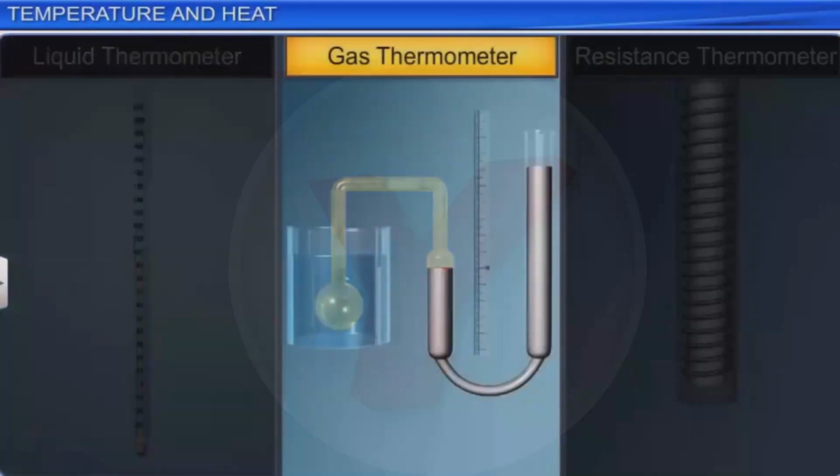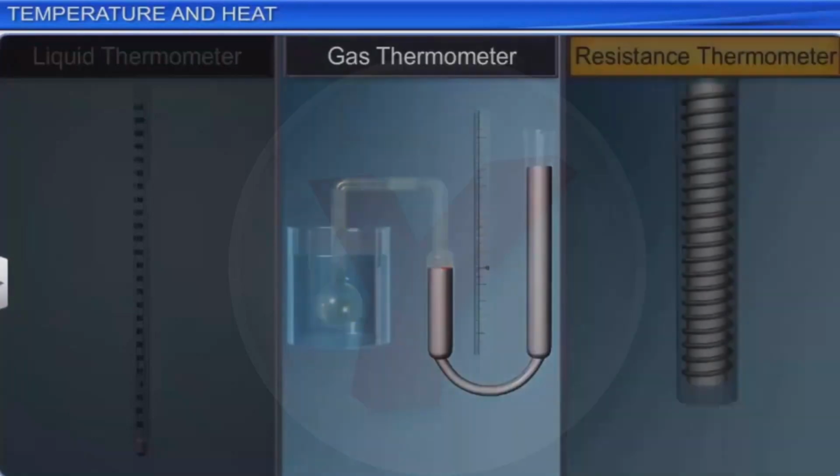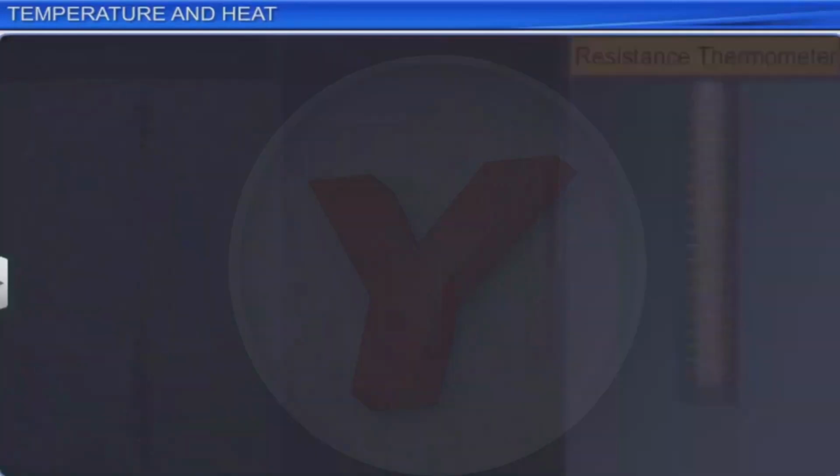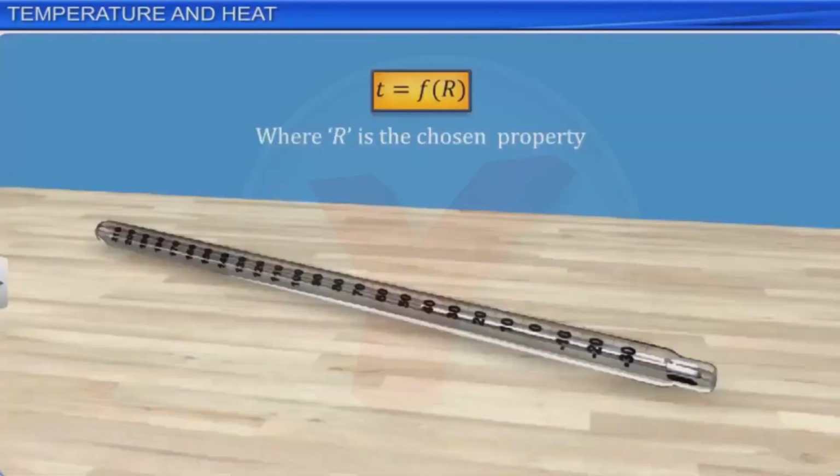Pressure of the gas in a constant volume gas thermometer and resistance of a platinum wire used in resistance thermometer change linearly with the change in temperature.